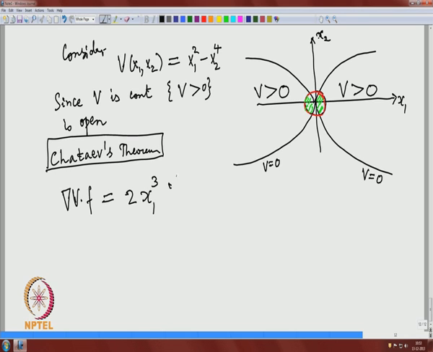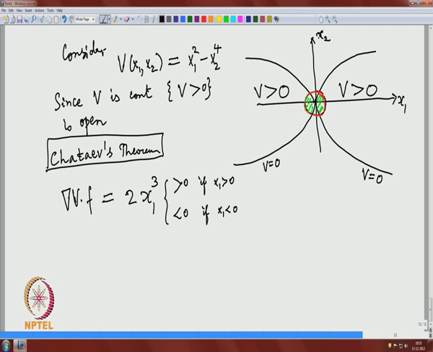So, this whole thing is positive if x1 is positive and negative if x1 is negative. Right.